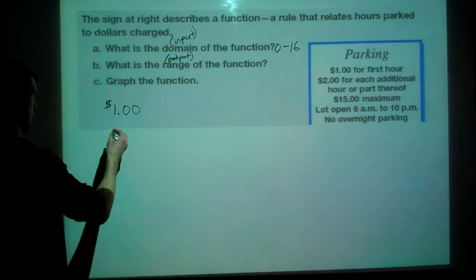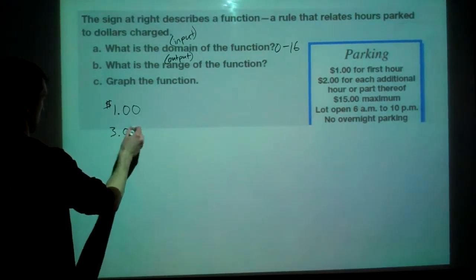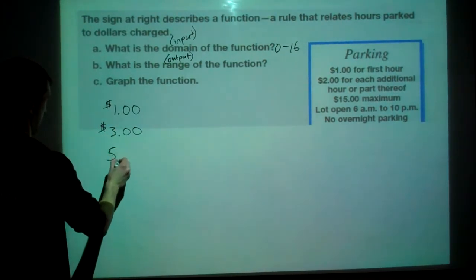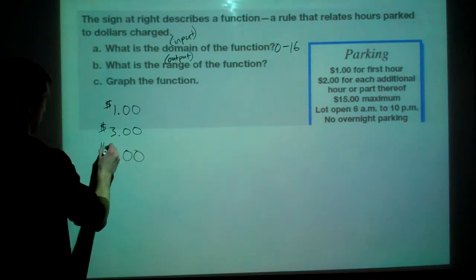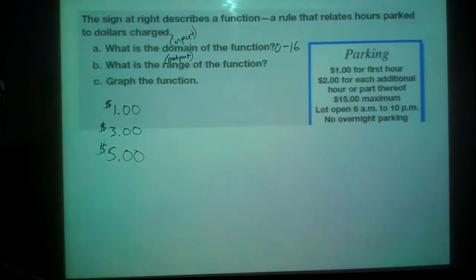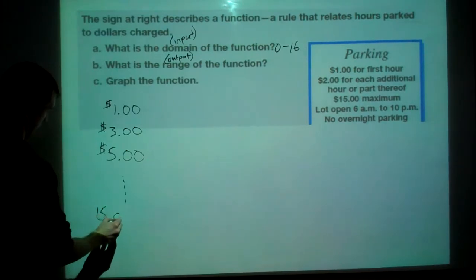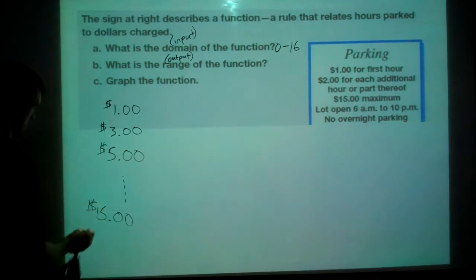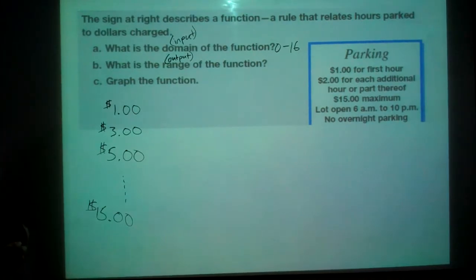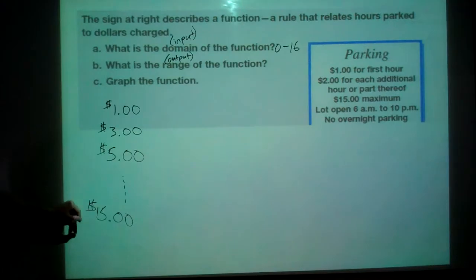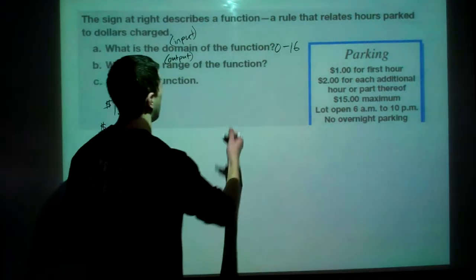So let's say you're there for 2 hours, that's $3. Let's say you're there for another hour, that's $5. Okay? So basically every hour you're adding on $2. And it goes up to 15, and you can't go over 15. So for our range, we would say the odd numbers from $1 to $15. That would be our range.